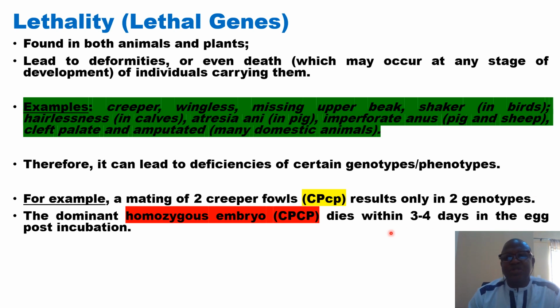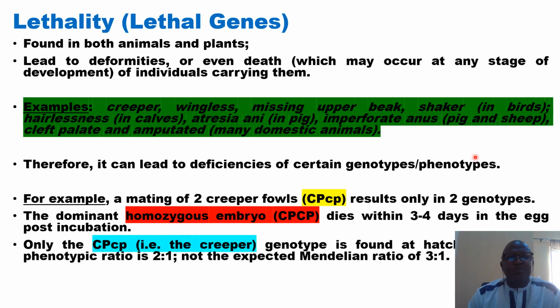So as a result, this phenotype does not appear in the F2 generation. So only the heterozygote individuals and the recessive homozygotes are found to hatch at the end of the incubation period, such that the phenotypic ratio is 2:1 and not the expected Mendelian ratio of 3:1.